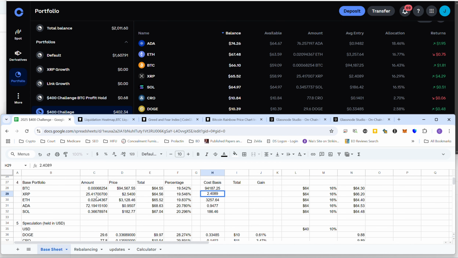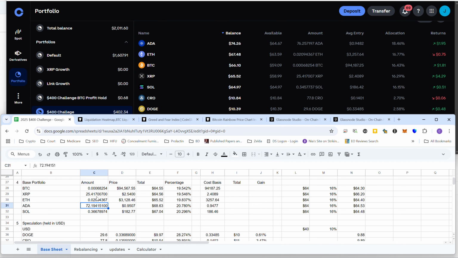It doesn't seem like a lot, but over time, this matters. Now we're going to do ETH. ETH, we have 0.02094367. It's a little bit of an increase. Maybe I updated that one yesterday.